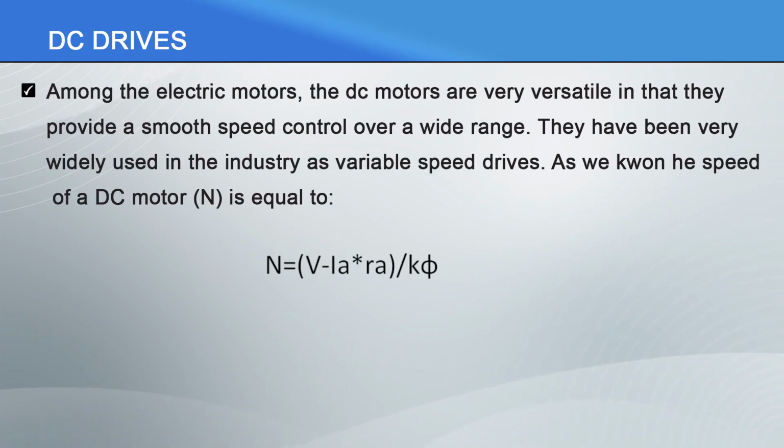Among the electrical motors, DC motors are very versatile in that they provide smooth speed control over a wide range. They have been very widely used in industry as variable speed drives. As we know, the speed of a DC motor is equal to (V minus IaRa) upon K phi, where V is the terminal voltage, Ia is the armature current, Ra is the armature resistance and phi is the flux.